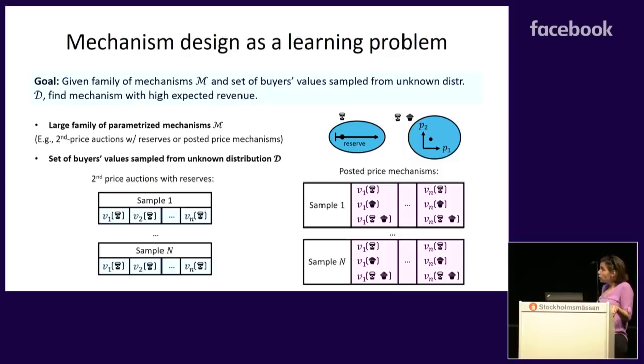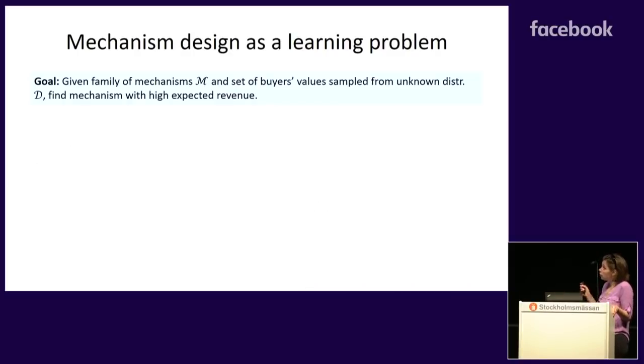Okay, and then our goal is to use such samples in order to find a mechanism that has high expected revenue over the underlying distribution. More precisely, we want to find the mechanism whose revenue is as close as possible to the revenue of the best mechanism from this family of mechanisms with respect to the underlying distribution.